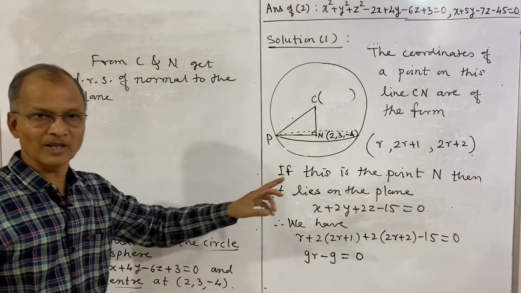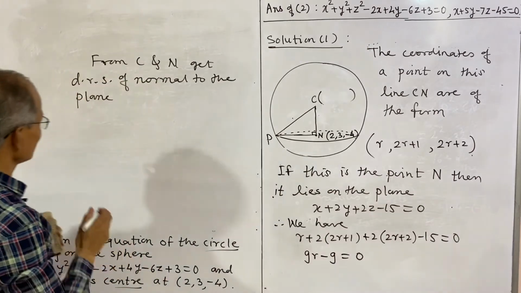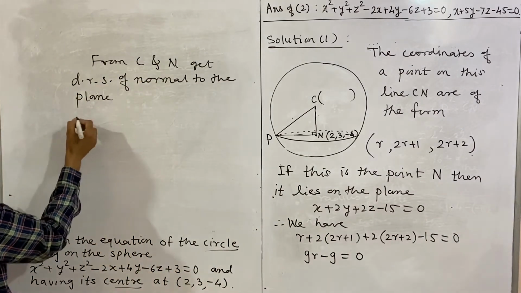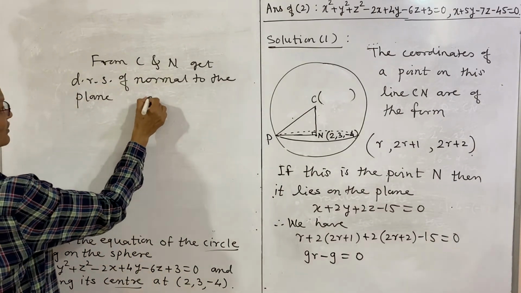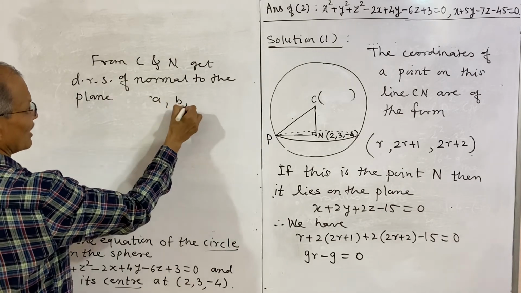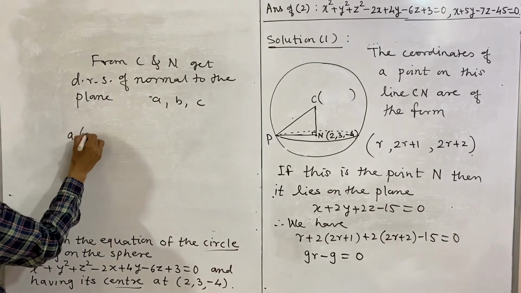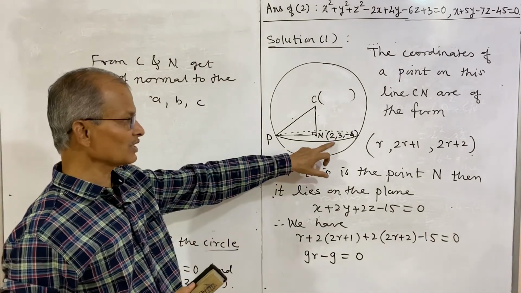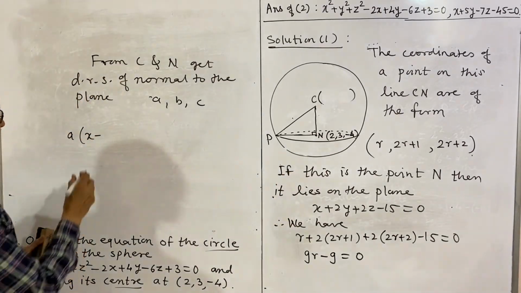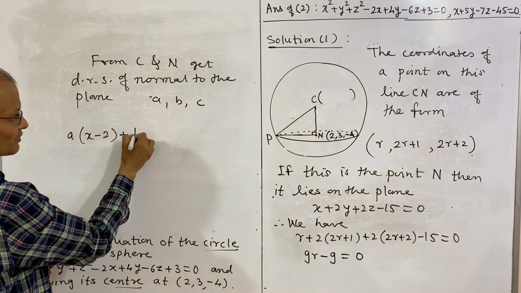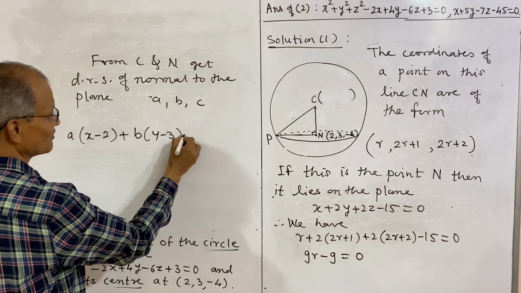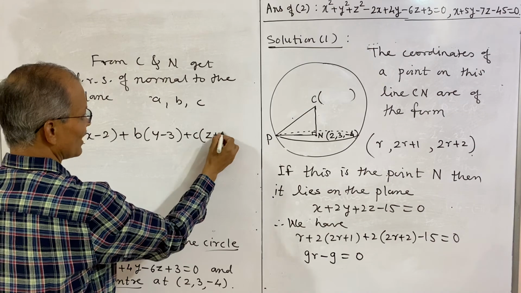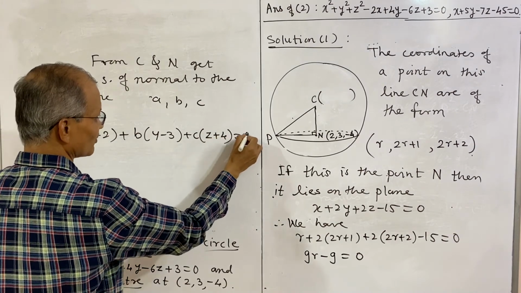Once the DRs of the normal are obtained, suppose they are a, b, c, the equation of the plane will be a into x minus x1. The plane passes through this point, so that will be a into x minus 2 plus b into y minus 3 plus c into z minus of minus 4, that is plus 4, is equal to 0.